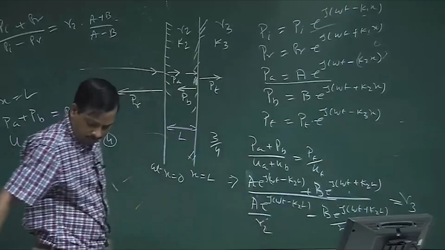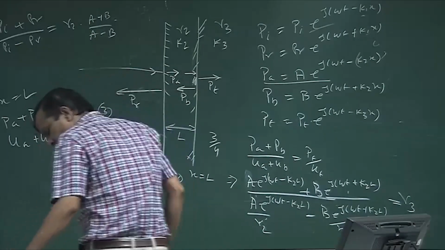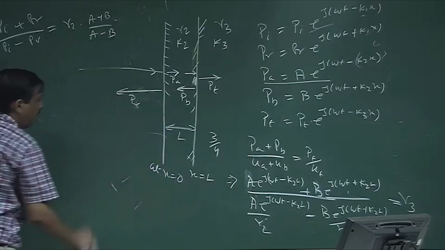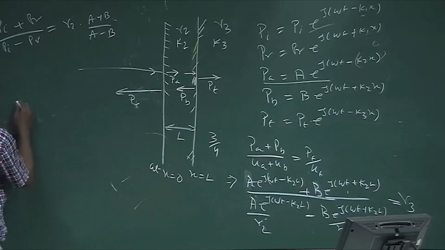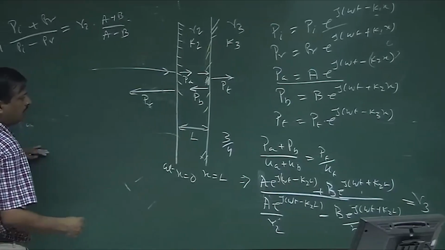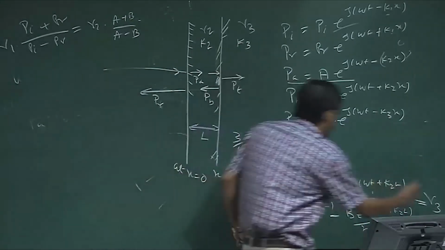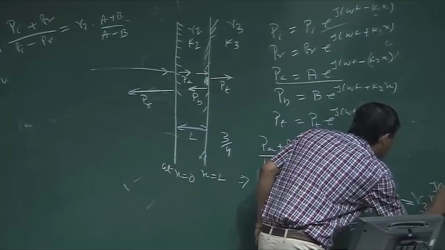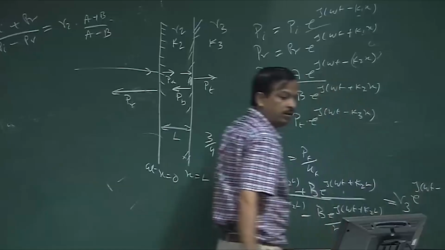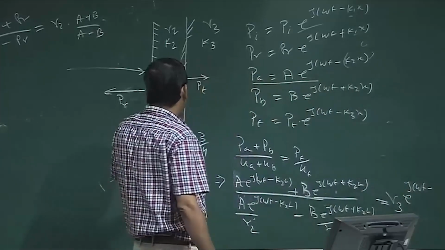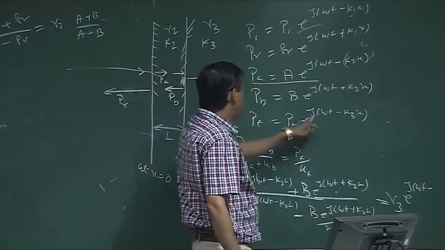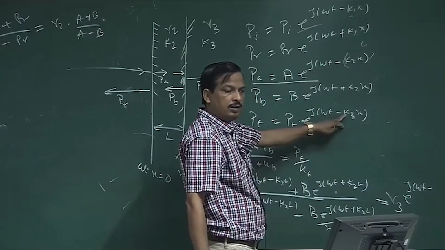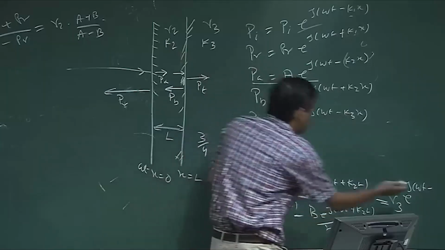Okay. So now from there, what will I get? The e to the power j omega t will be cancelled. R3 into p is nothing but, the amplitude will be cancelled, e to the power j omega t minus, at x equal to L what is Pt? Pt cancels. So it is nothing but R3.